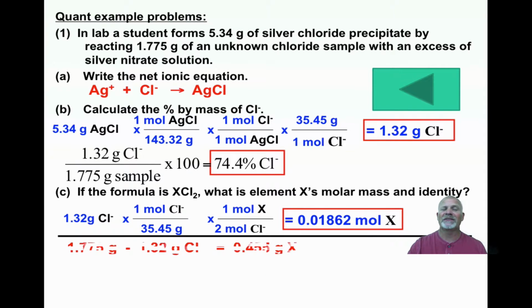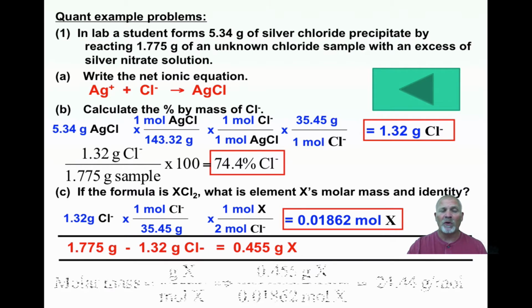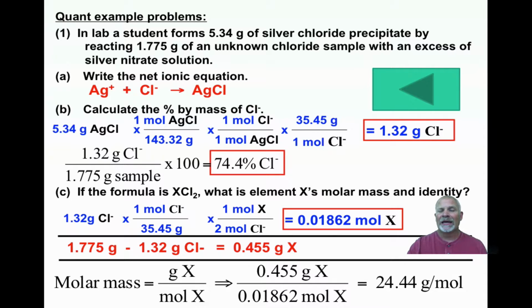That means the rest of it is my unknown, which I'm going after. So I know its mass and I know its moles. Grams per mole gives me molar mass, and that molar mass ends up being 24.44 grams per mole, which is very close to magnesium. So it would be magnesium chloride. Also, to check my work, I know I needed 2 chlorides to zero it out, so I know I had to be dealing with something with a +2 charge.